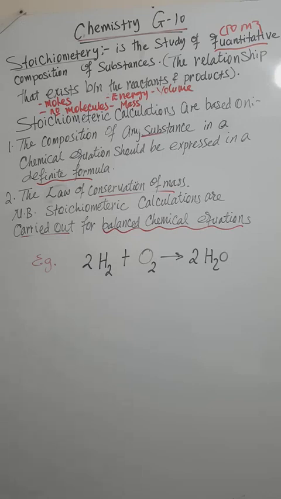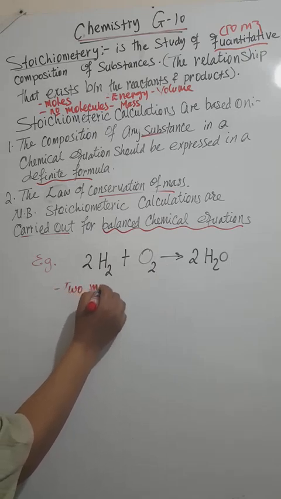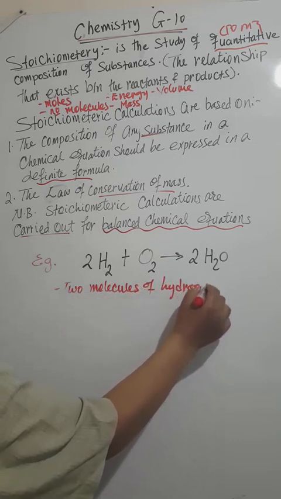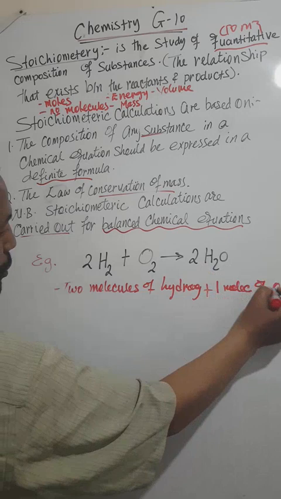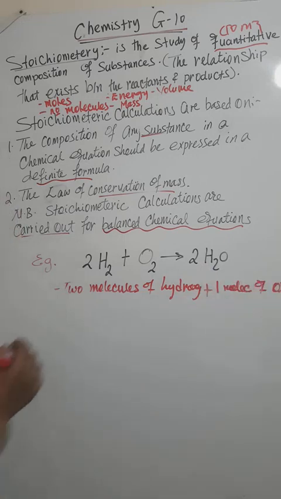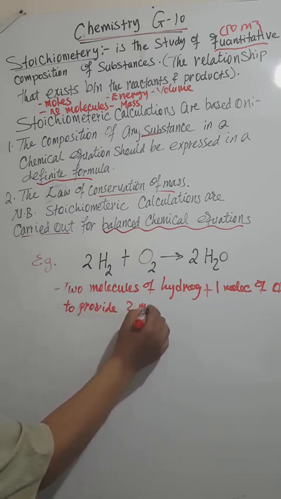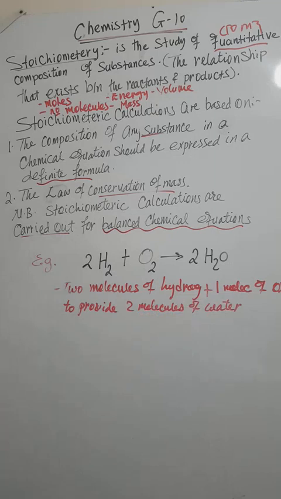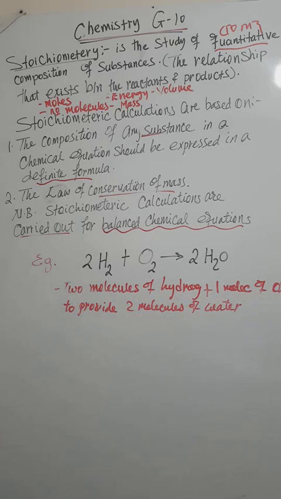So what do we say stoichiometrically? Now, two molecules of hydrogen react with one molecule of oxygen to provide two molecules of water. Stoichiometrically, thinking in terms of amount, two hydrogen molecules react with one oxygen molecule and give two molecules of water.